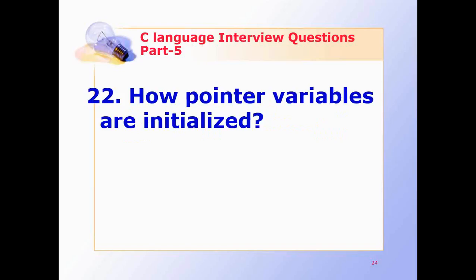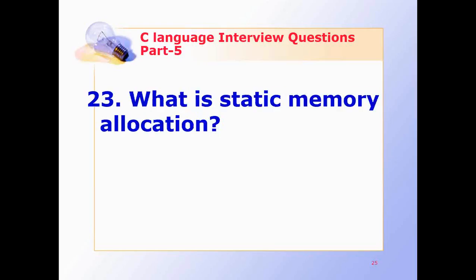Pointer variables are initialized in one of the following ways: static memory allocation and dynamic memory allocation. What is static memory allocation? The compiler allocates memory space for a declared variable.